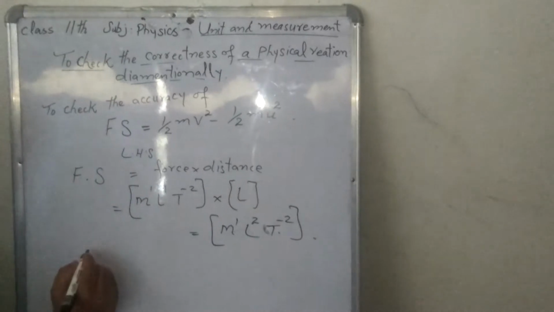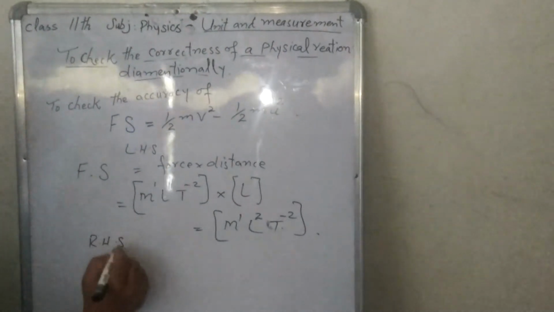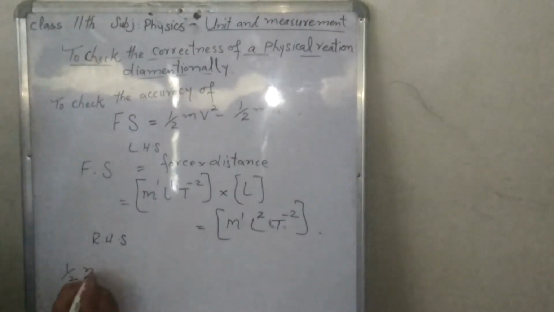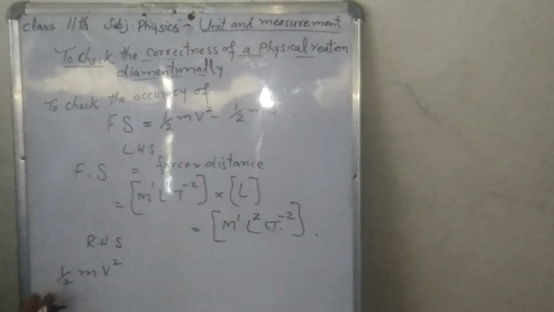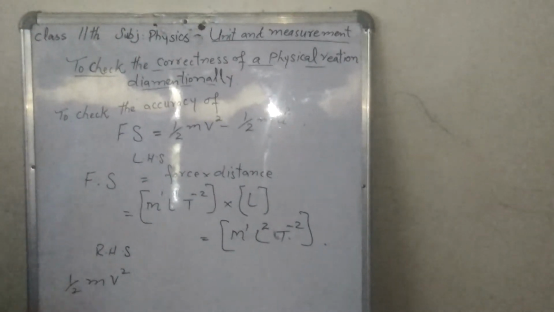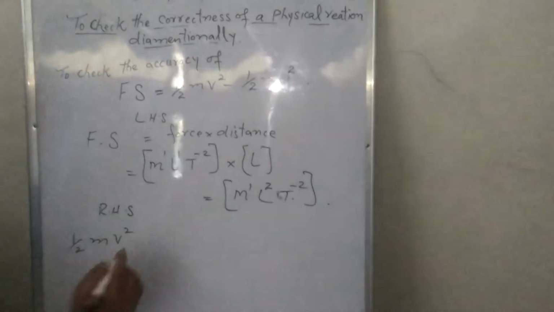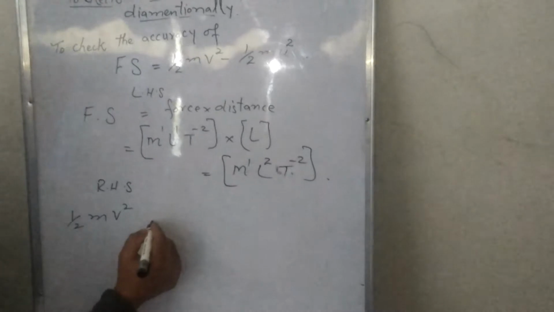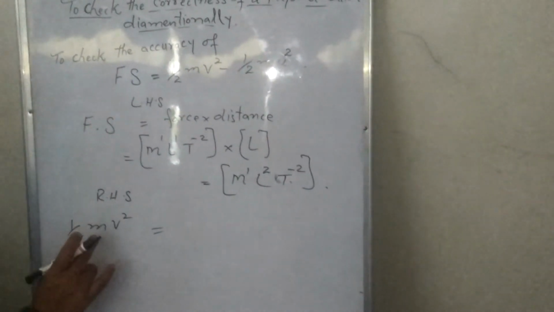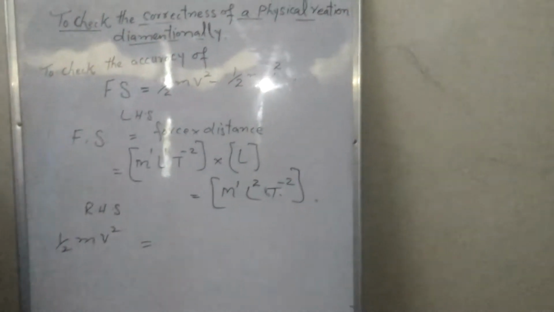Now on the right hand side, 1 by 2 mv square. 1 by 2 is a constant quantity. It is dimensionless. Here m is mass, and we have to write the dimensions of mass, and v is velocity.